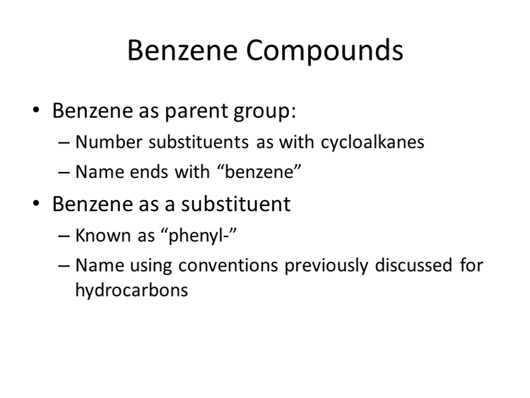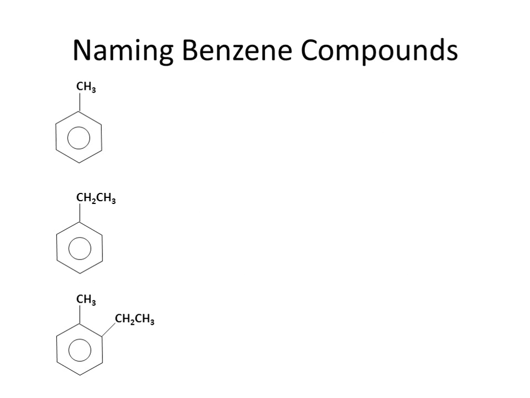It'll be more important later when we talk about alcohol functional groups. But benzene as a substituent would be known as phenyl, and you use the same naming conventions that we've talked about for naming substituents for alkanes, alkenes, alkynes.